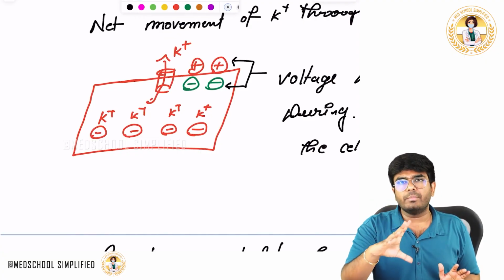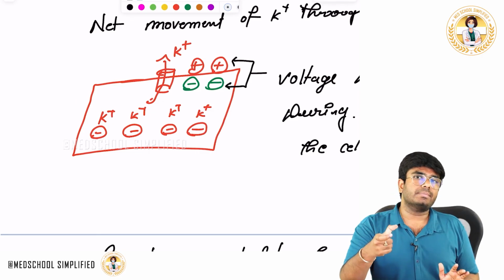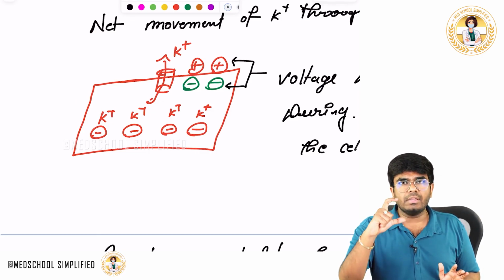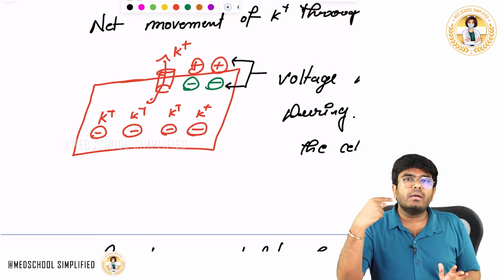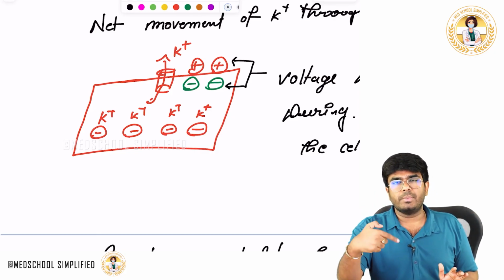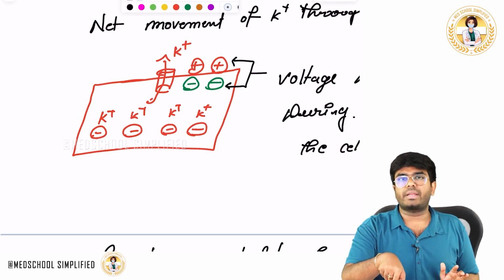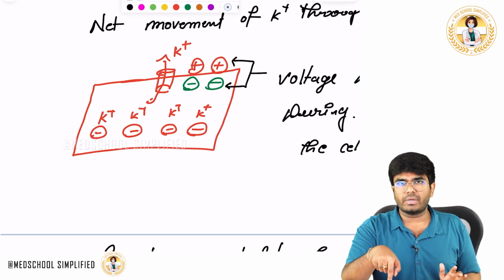During the equilibrium condition there will be a difference in the voltage across the cell membrane, so that voltage, because of the leakage of this ion, is called the equilibrium potential of that particular ion.